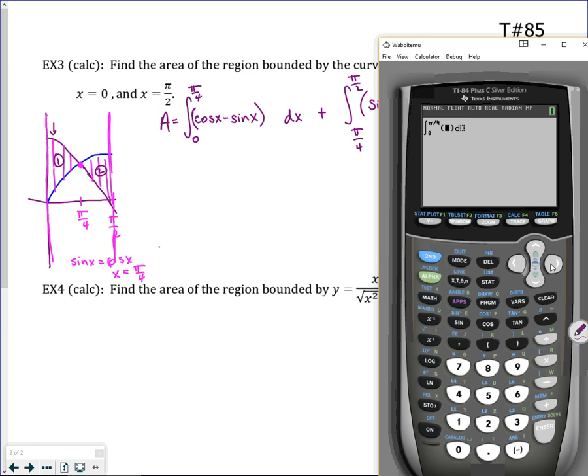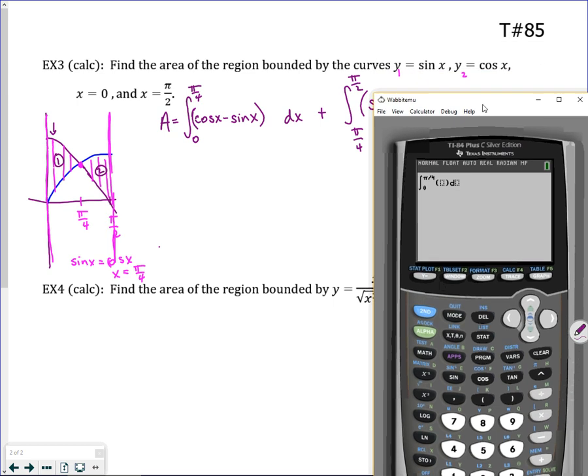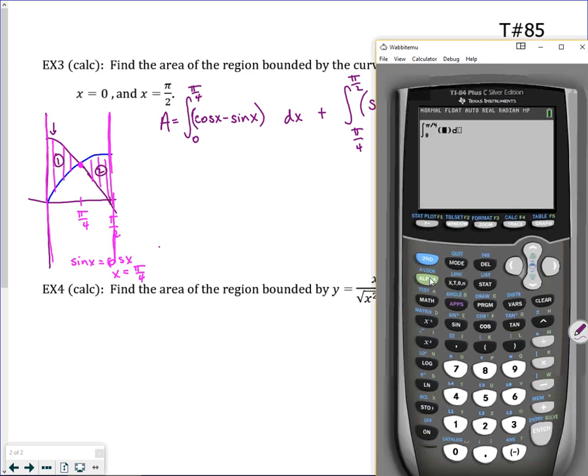Now notice they put the parentheses. So again, I could type in cosine of x minus sine of x, but I'll be honest, it has a lot more parentheses. So remember that cosine was in y2. So I want my calculator to say y2 minus y1.